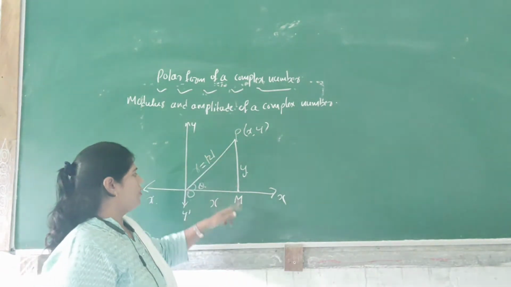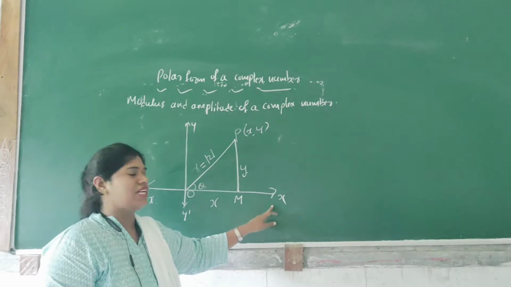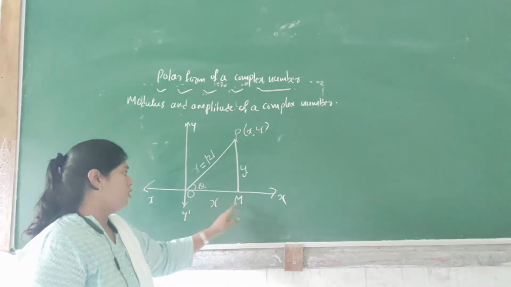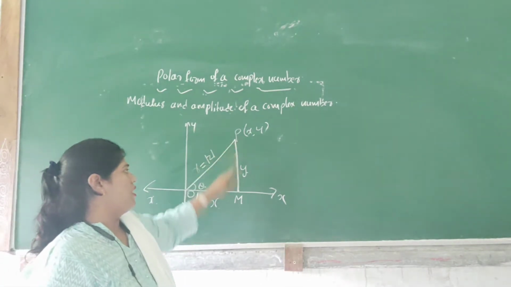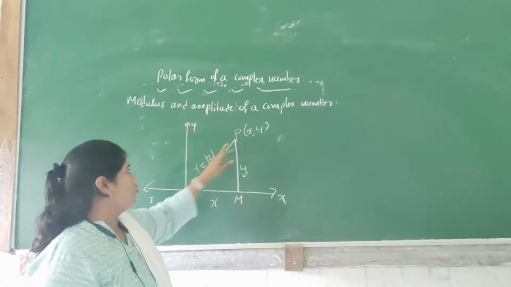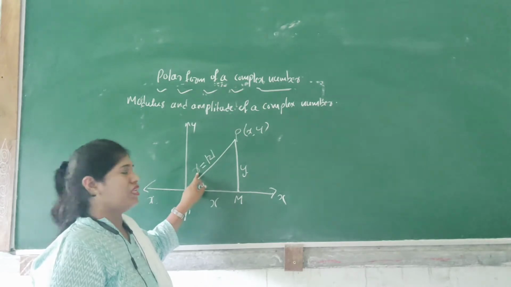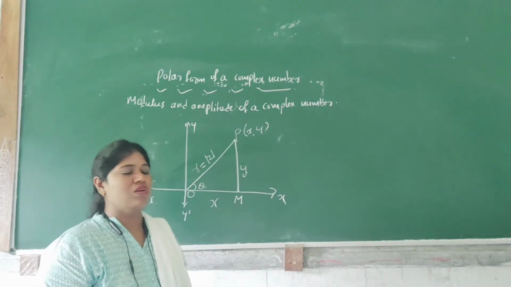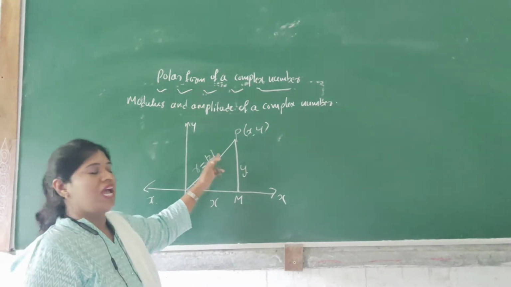PM is perpendicular to the x-axis. z equals x plus iy.